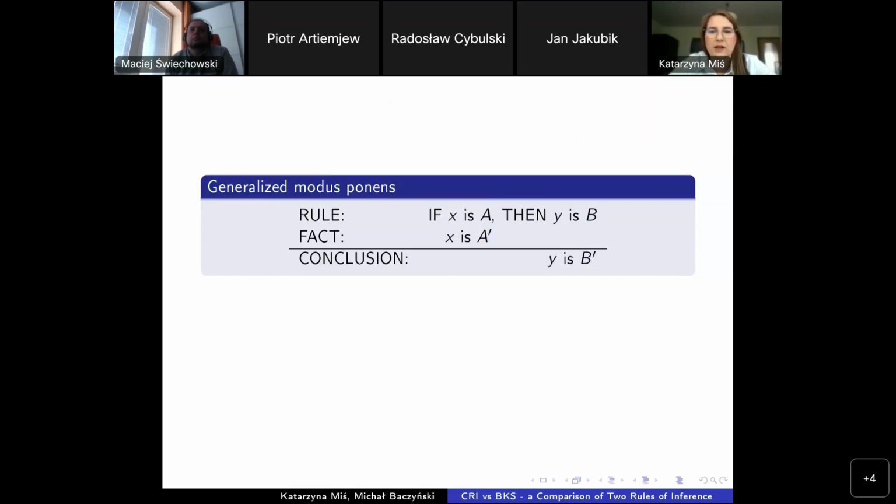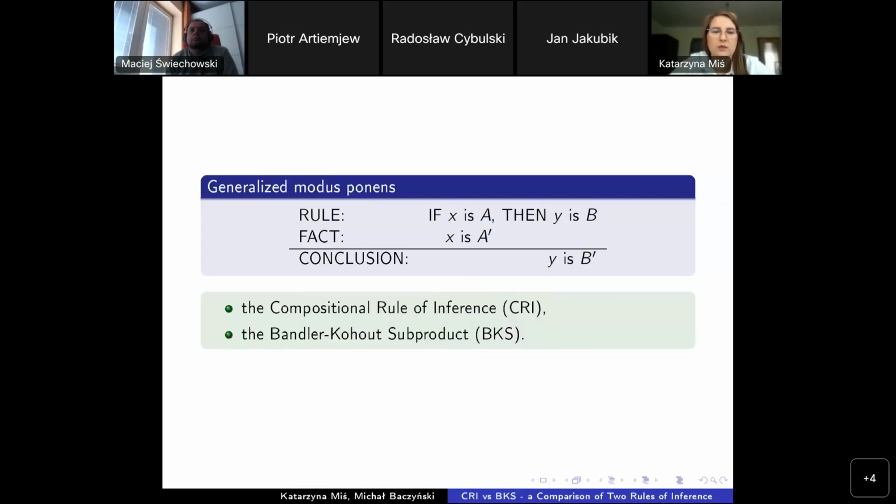And here A, B, and A prime and B prime are properties which are, in this approach, given by fuzzy sets. So A, B, and these are fuzzy sets. And as I said, I will speak about two rules of inference. So this is the composition rule of inference, which is the basic one, and the Bandler-Kohout subproduct.